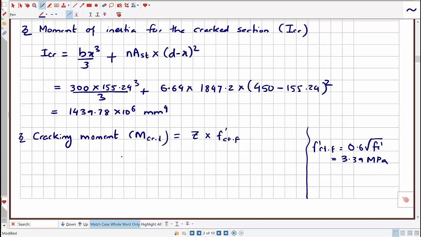Plugging that value in there, Z is the section modulus, that is 300 times 500 squared divided by 6, on the uncracked section. So the cracking moment comes out to be 42.37. So that's your cracking moment.